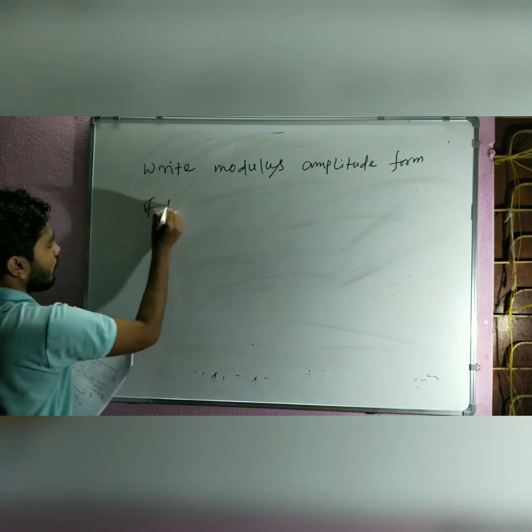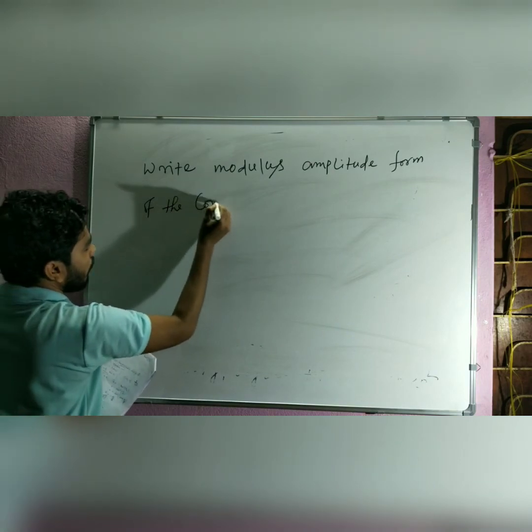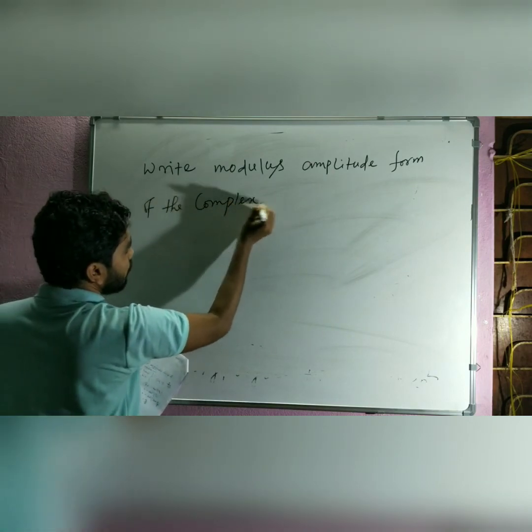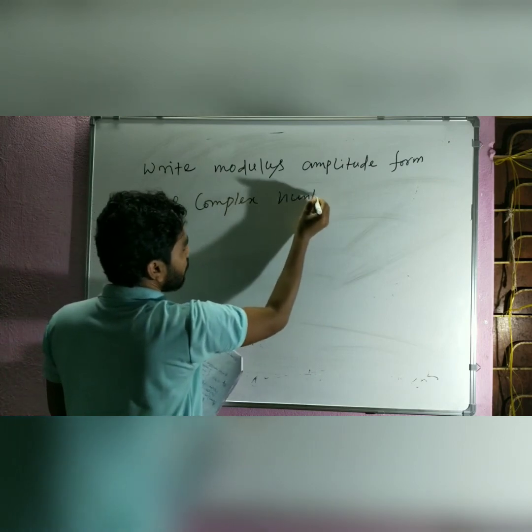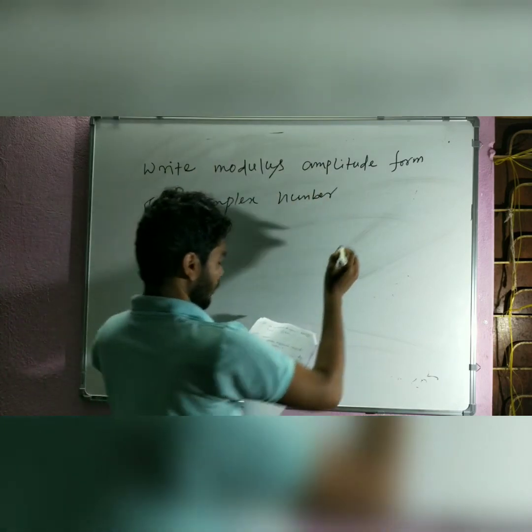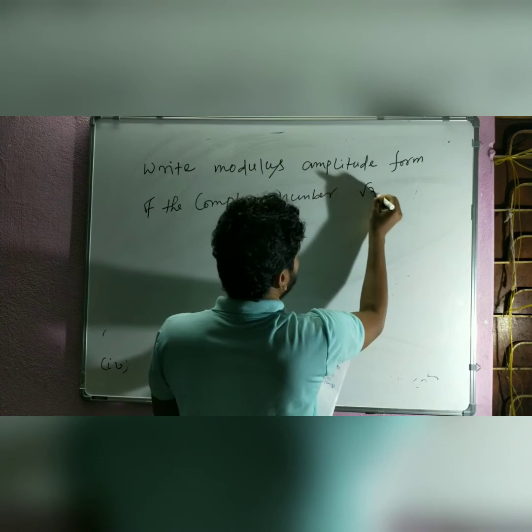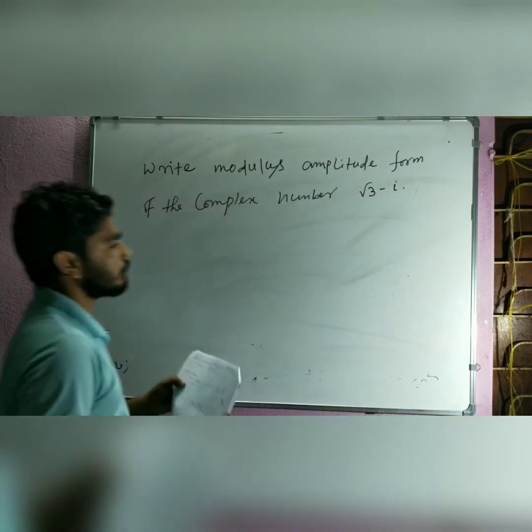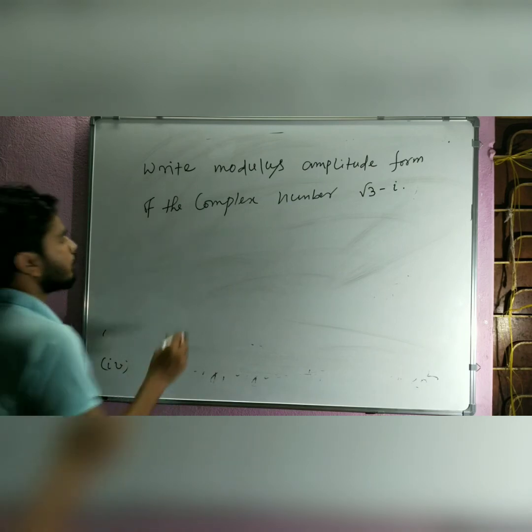Write the modulus amplitude form of the complex number root 3 minus i.